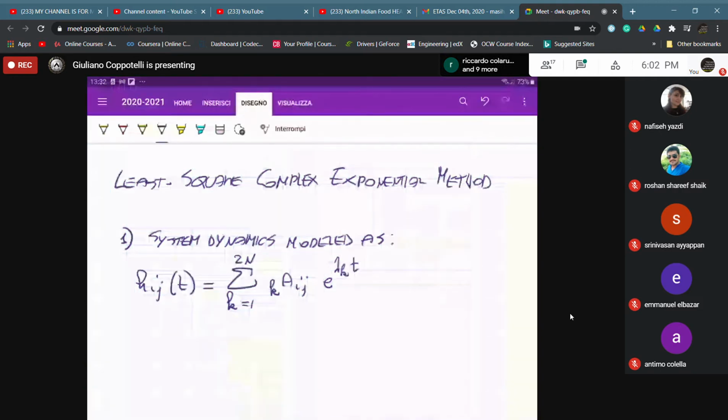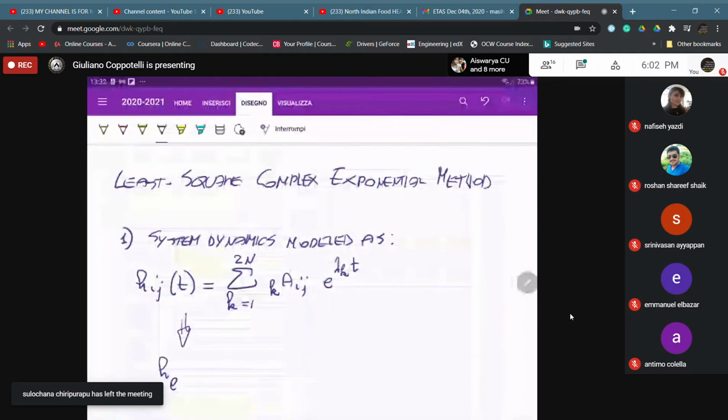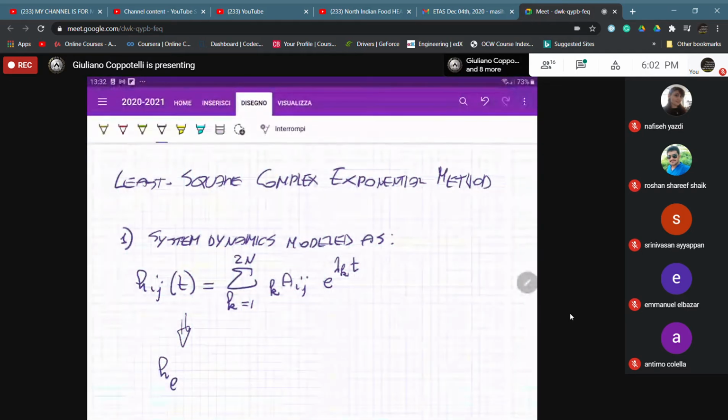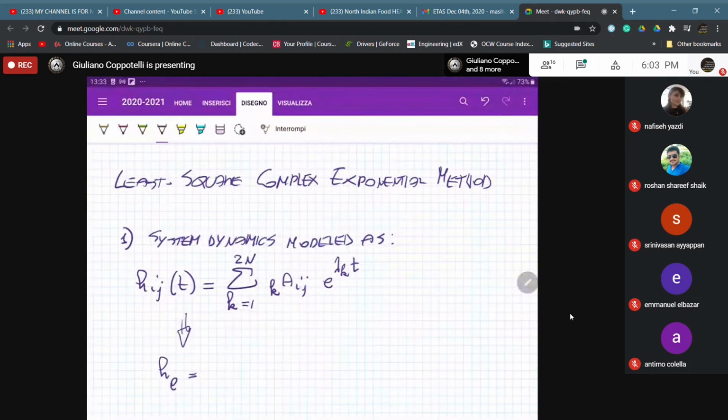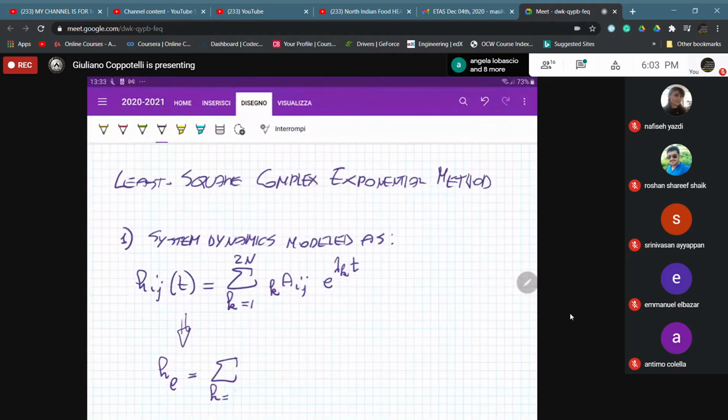Then we defined h_l, the impulse response function evaluated at the l-th time instant. I'm dropping, of course, the indexes of the ij components, so we refer to the summation from k equals 1 to 2n of A_k V_k^l.